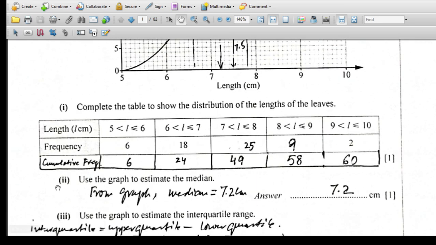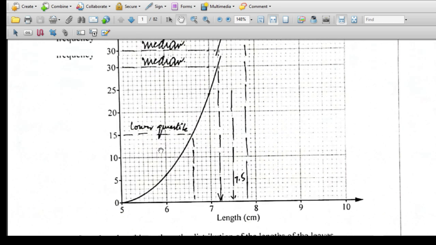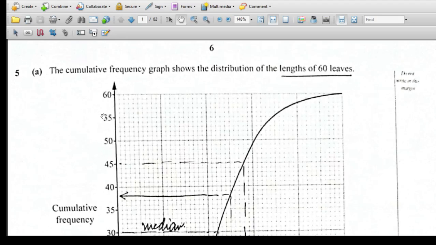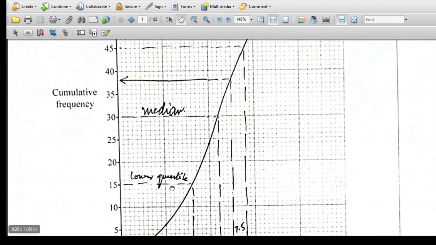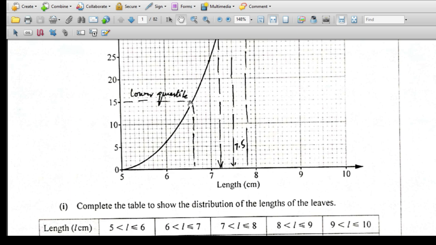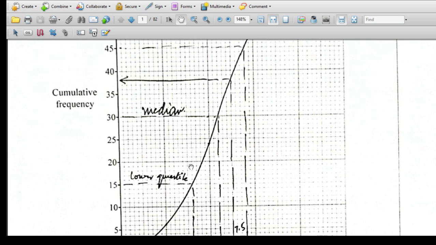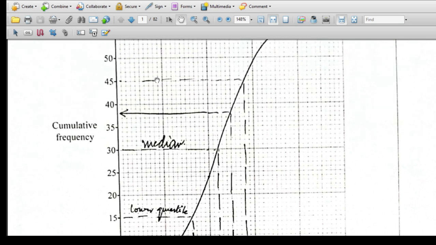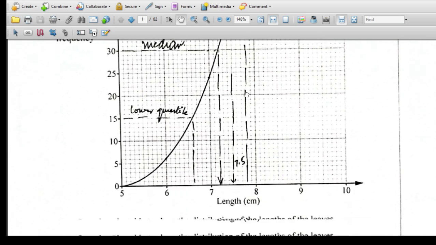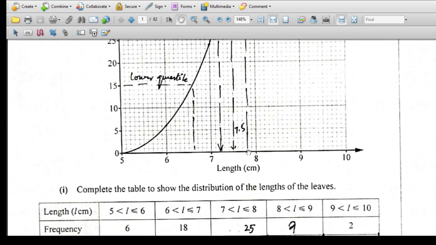In the third part, use the graph to estimate the interquartile range. The range is from 0 to 60, so the first quartile will be at 15, which is 25%. At this point we read 6.6 centimeter, and at 45 the value is read as 7.8.